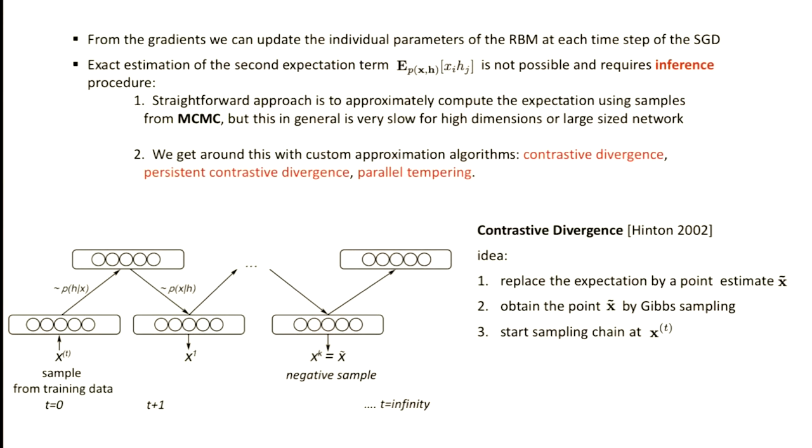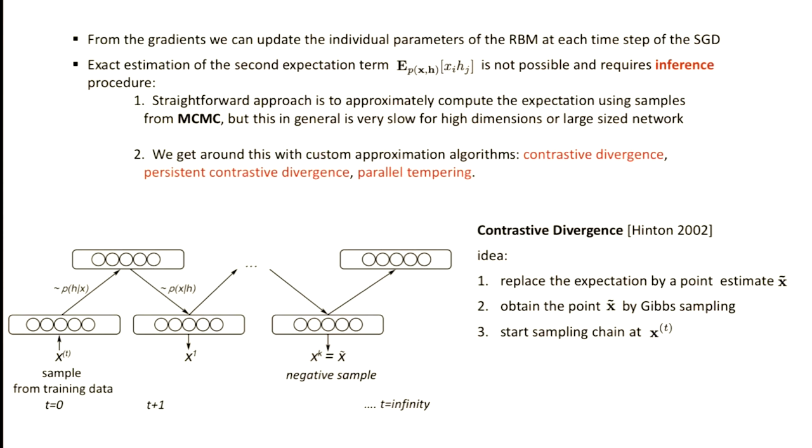Once again, the way to do this, as was introduced in the first part, is to use a Monte Carlo sampling procedure or a Gibbs sampling procedure to approximate this second expectation term, the expectation of your model dependent terms. However, if you just do simple MCMC sampling, typically that would be very slow, as we saw.